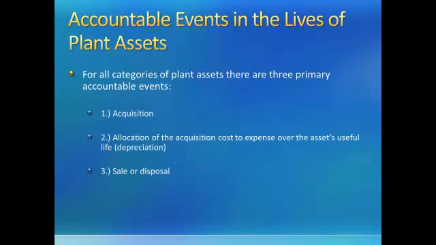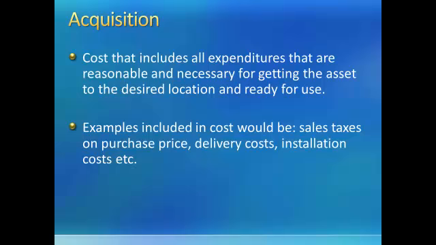The accountable events in the lives of plant assets include acquisition, depreciation, which is the allocation of the acquisition cost to expense over the asset's useful life, and the sale or disposal of the asset. At acquisition, costs include all expenditures that are reasonable and necessary for getting the asset ready for its intended use.